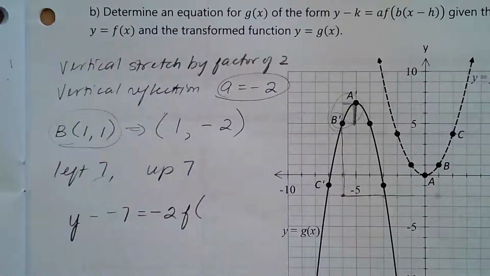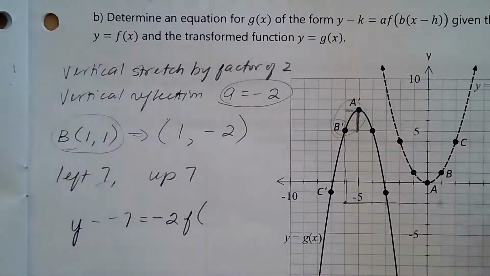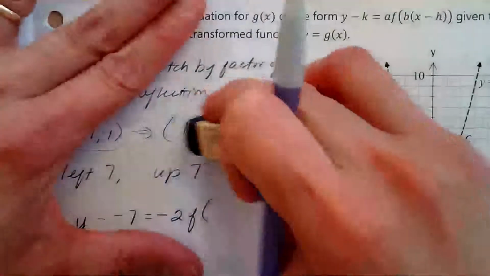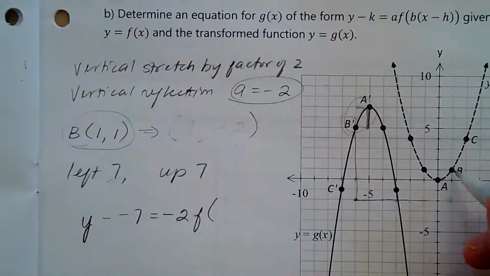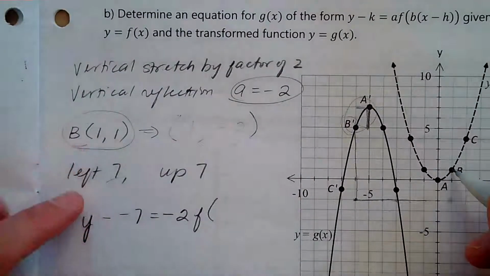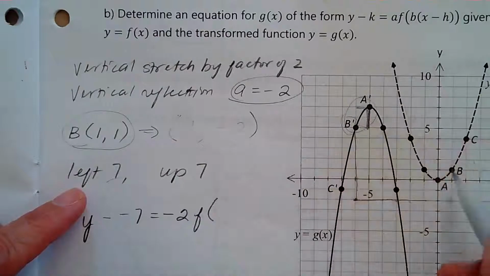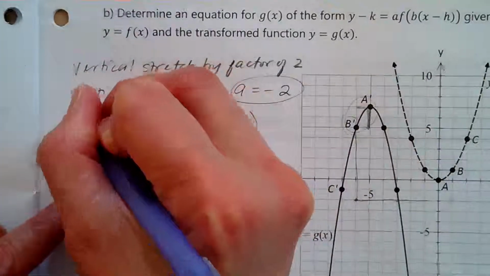Okay, let's see here. Let's get rid of this one. So this is the B, and the B is on the other side.